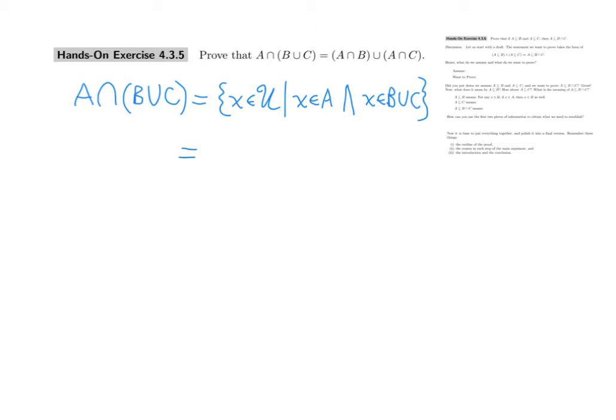So what does it mean for X to be in B union C? That's the same as saying X is in B or X is in C.